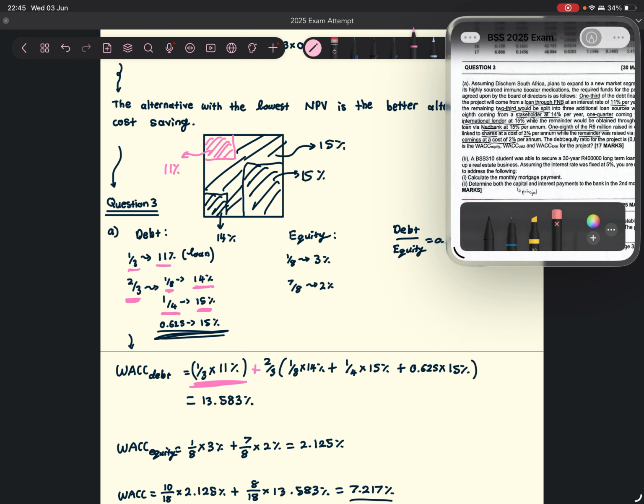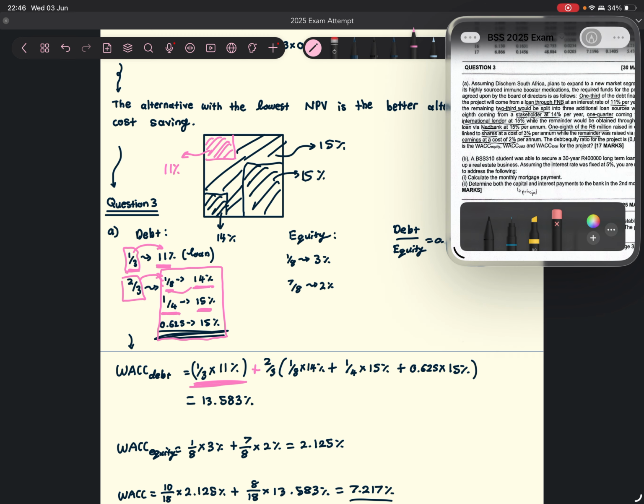I guess an easier way to do this question is, since you have this total weighting over here, we're told that 1/3 of the debt has a cost of 11%, and then this 2/3 is broken up. So this number here multiplies into that one. This number is going to multiply into this one, but then we need to fix these numbers here.